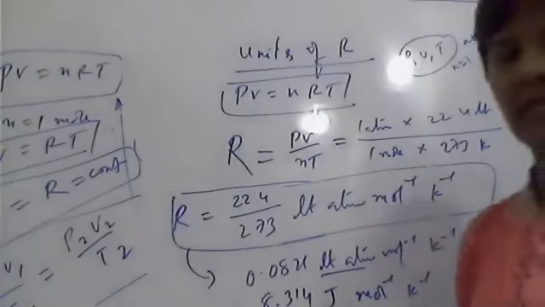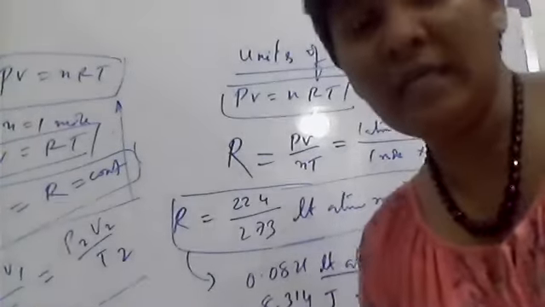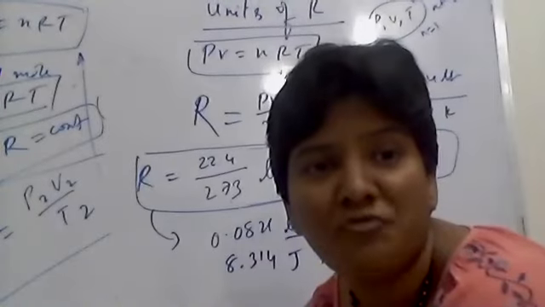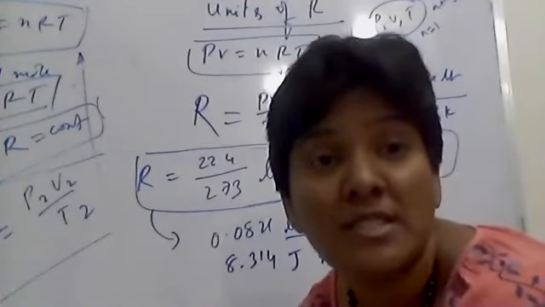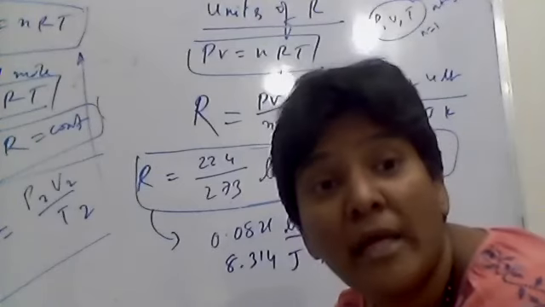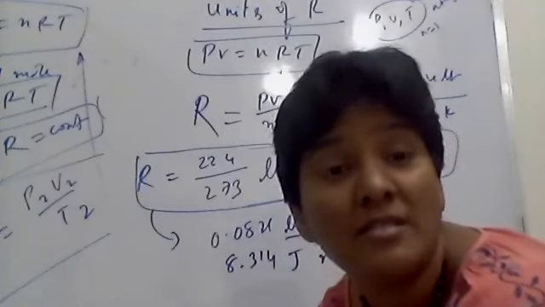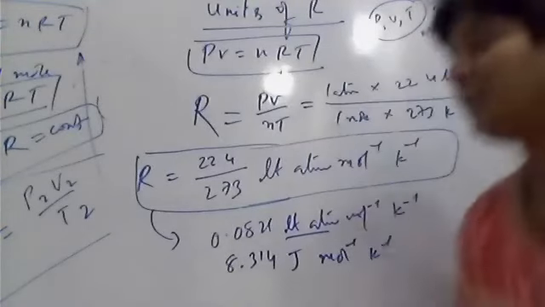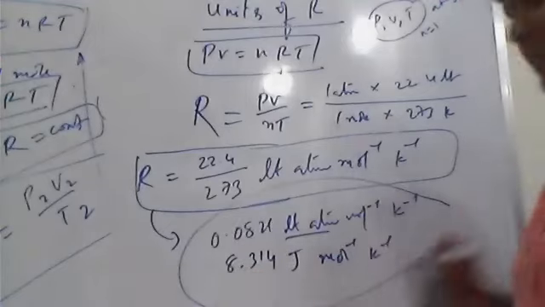I hope you know the conversion of joule and erg. Planck's constant value in joules is 6.6256 times 10 power minus 34 joule seconds, whereas in erg it is 6.6256 times 10 power minus 27 erg seconds. So the difference, you put it and send me the answer.